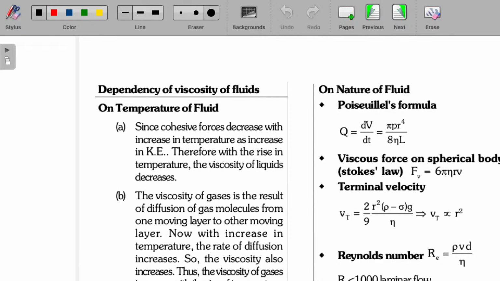And what about the pressure? Will the pressure of the fluid increase or decrease the viscosity?